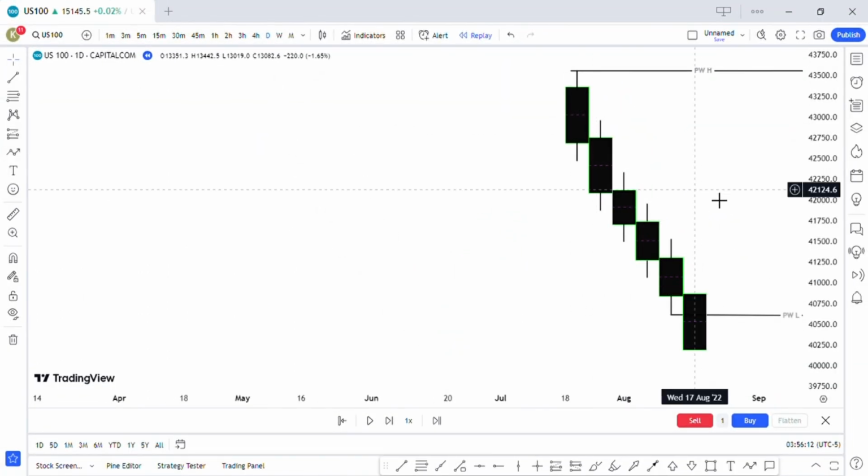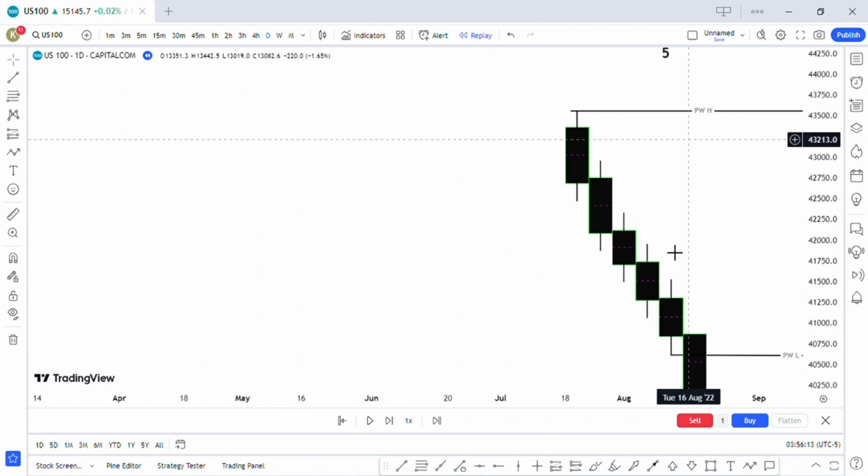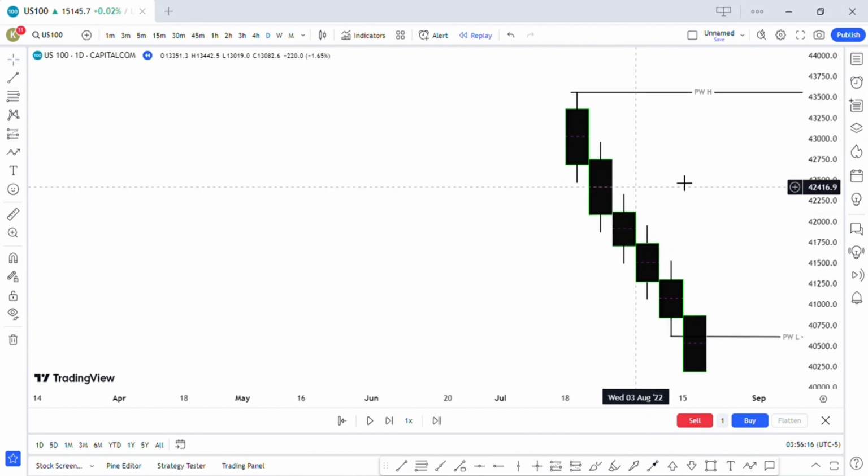If you look on the right side of the screen, now we are talking about a continuation. Now we have Monday, Tuesday, Wednesday, Thursday, Friday. Every low the market has taken, it closed below the low. Low taken, close below. Low taken, close below.